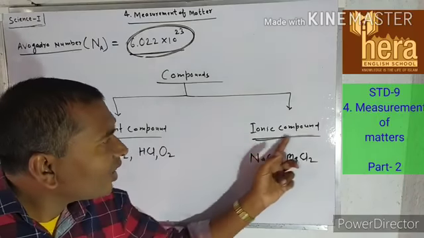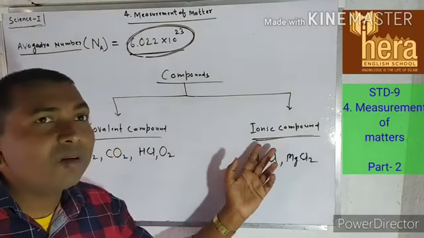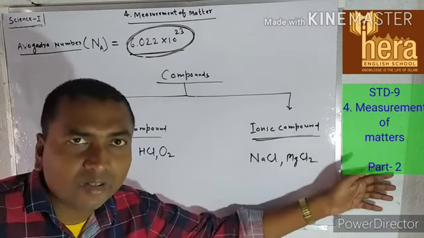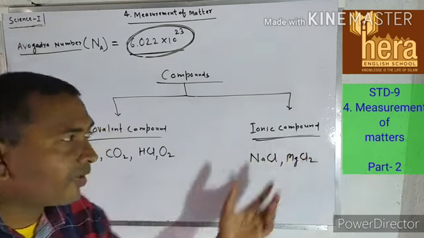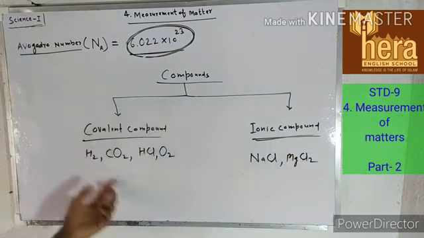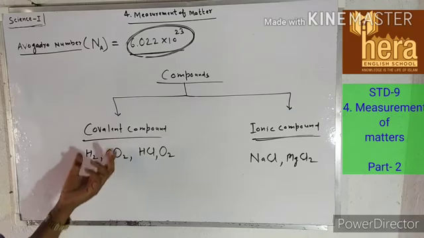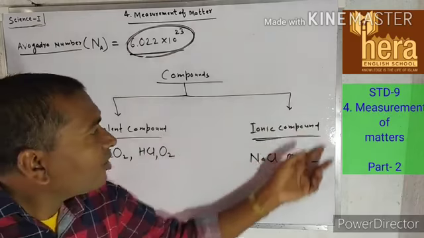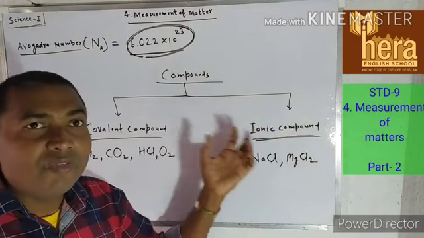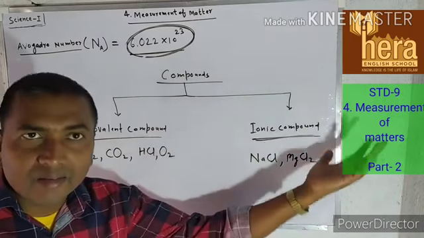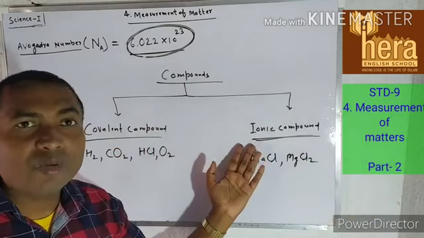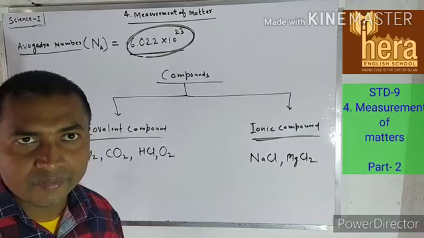But in ionic compounds, there is complete transfer of electrons from one atom to another atom. So the difference is, in covalent compounds, electrons are shared in chemical bonds, and in ionic compounds, one atom completely gives the electrons to the other atom.